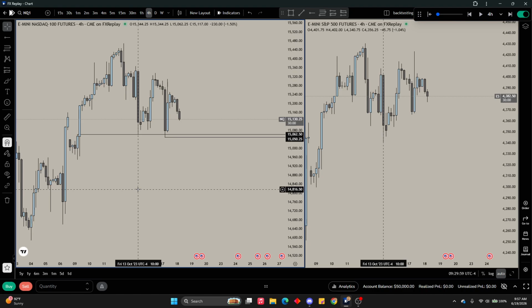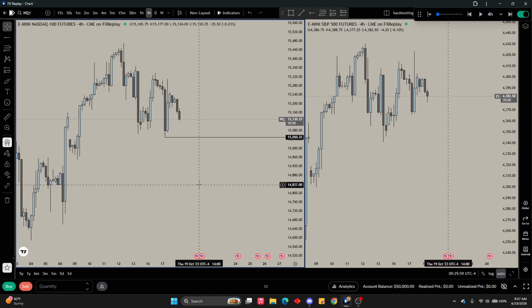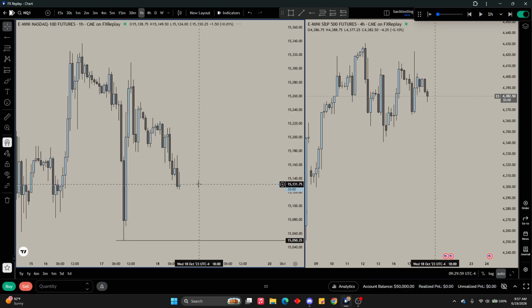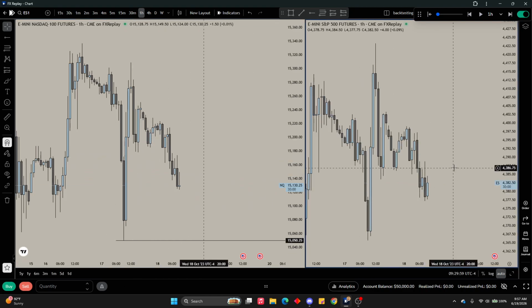What is this low? 1506.225, 1506.250. So this is barely an intermediate low just because this didn't fully mitigate the gap by literally a tick, which is insane.